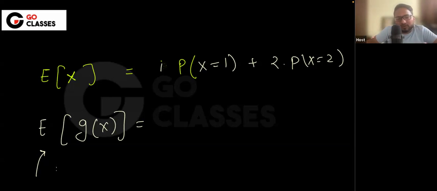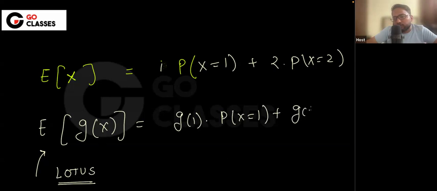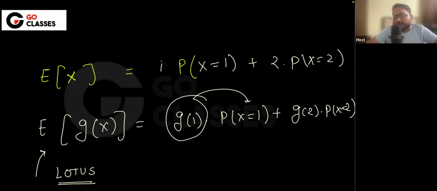Yes, so we used to call it LOTUS, right? So it is nothing but, if x is 1, then g of 1 into probability of x being 1, plus g of 2 into probability of x being 2, right? So expectation of any function is nothing but that particular quantity into x equal to 1, like this, right?